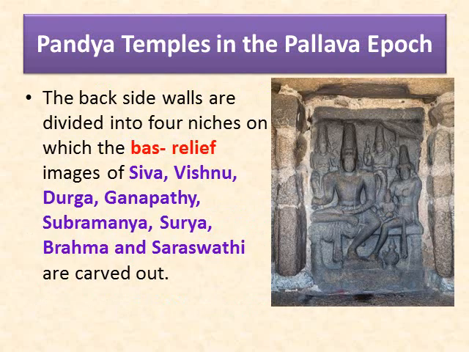And children, the backside walls are divided into 4 niches on which bas relief images of Shiva, Vishnu, Durga, Ganapati, Subramanya, Surya, Brahma and Saraswati are carved out.